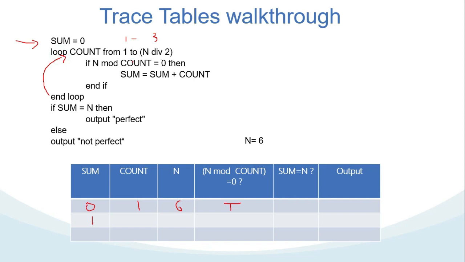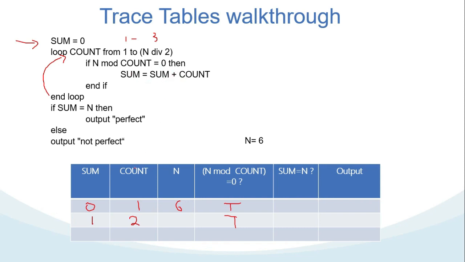Now our count is 2. We enter again the looping. If n, which is still 6, mod count, 6 mod 2 equal to 0, in this case is true. Since it is true, then we will execute this.